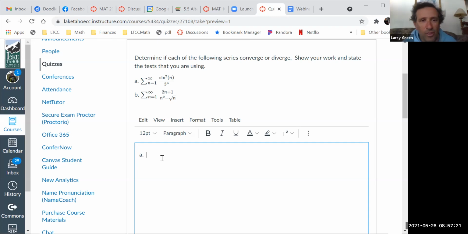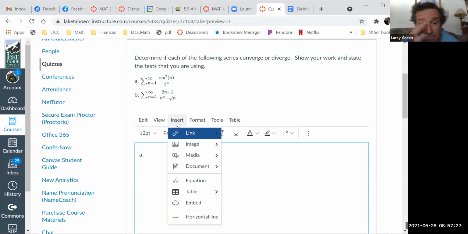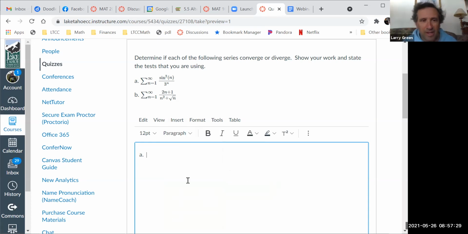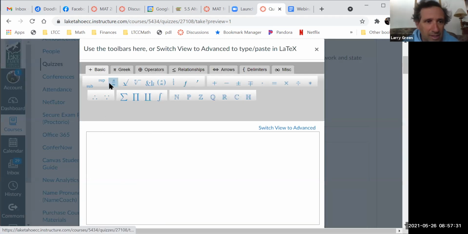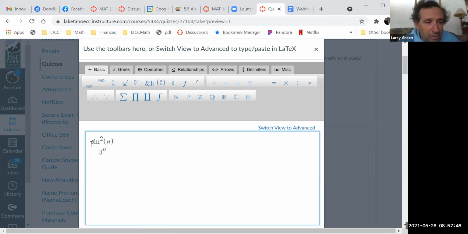So that's the important thing, is that we know that sine squared of n over 3 to the n, let me write this out. I think I need to write it using an equation editor, otherwise it'll be too messy. So sine squared of n over 3 to the n. The important thing is it's greater than 0, there's no problem with that.